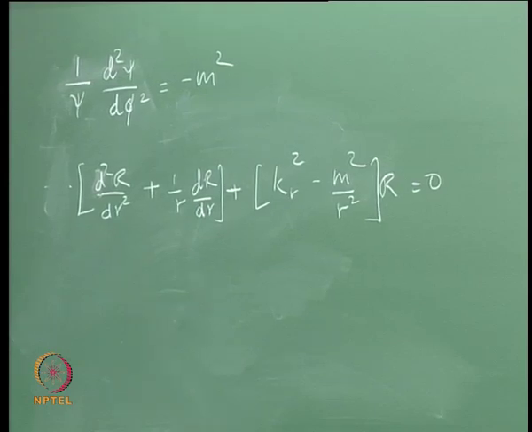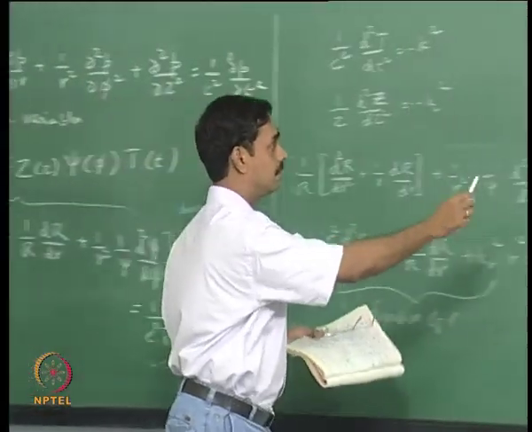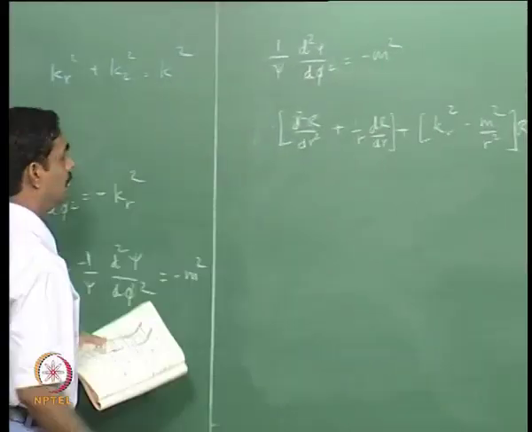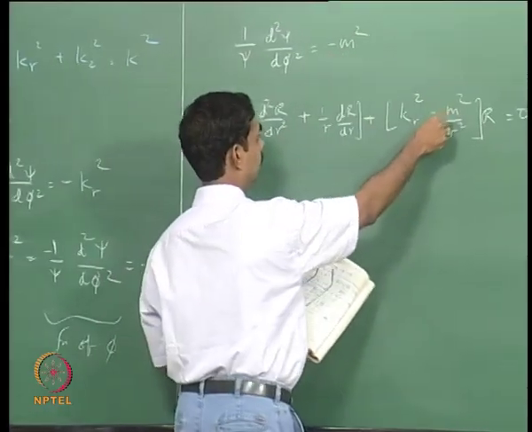So you have the psi, which is the angular dependence, you have a differential equation for that, and you have to note that it is the same m that is appearing here.